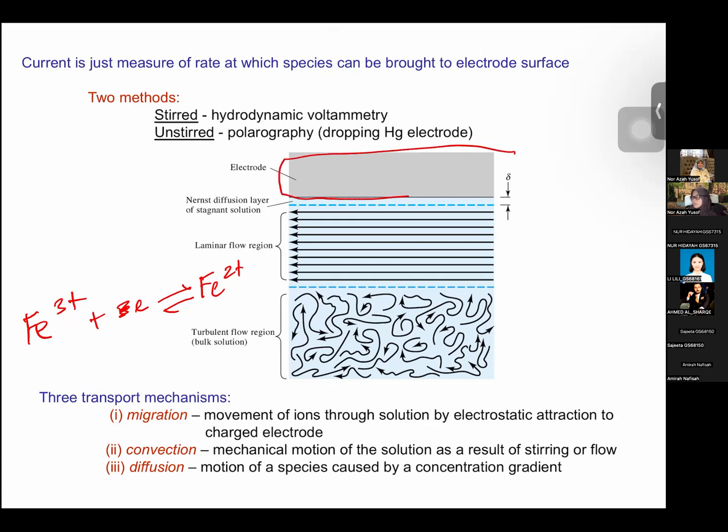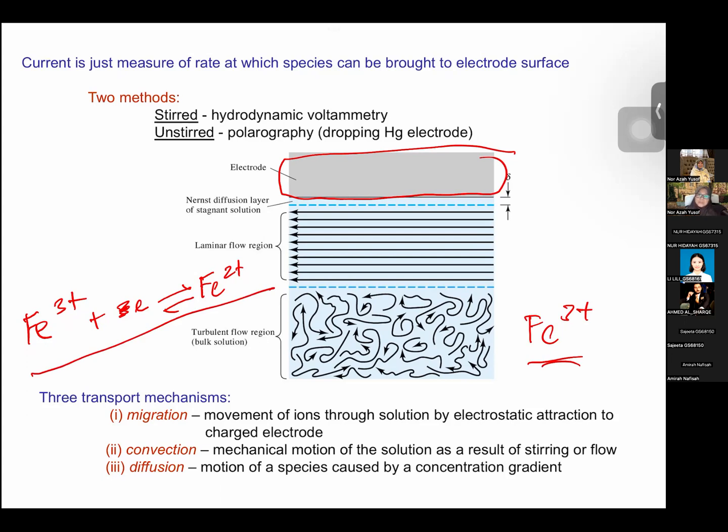electrode. So if the ferrum 3 plus is too far away from the surface of the electrode, then it's difficult for the reduction or the electron transfer to happen.